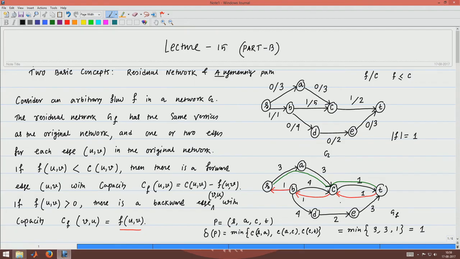Okay, so this is the network given at the beginning, and you do not want to use the concept of residual network, fine.